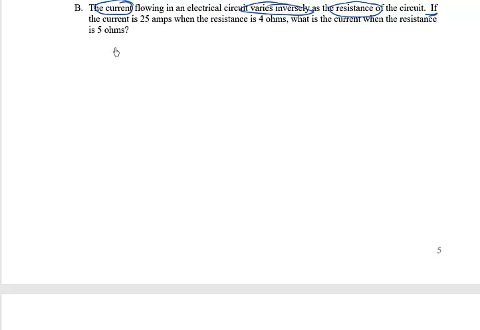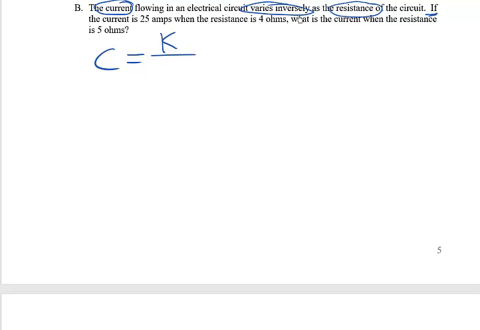So let's run through our steps. They didn't give me letters this time. What I would do is I would pick letters that are going to help me remember what these things stand for. So I've got current and resistance. I think I'll use C and R. So the current varies inversely. Varies inversely is the one that's a constant divided by the second variable.